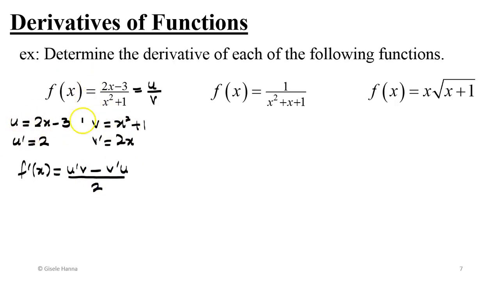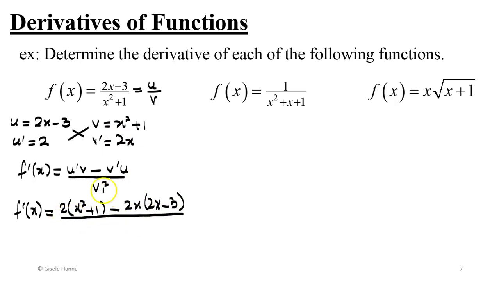Now, if you did write them in this order, you can actually see it this way: u prime v minus v prime u, divided by v squared. So doing the proper substitutions, u prime is 2 times v, which is x squared plus 1, minus v prime, which is 2x, times 2x minus 3, over v squared, which is x squared plus 1 all squared.